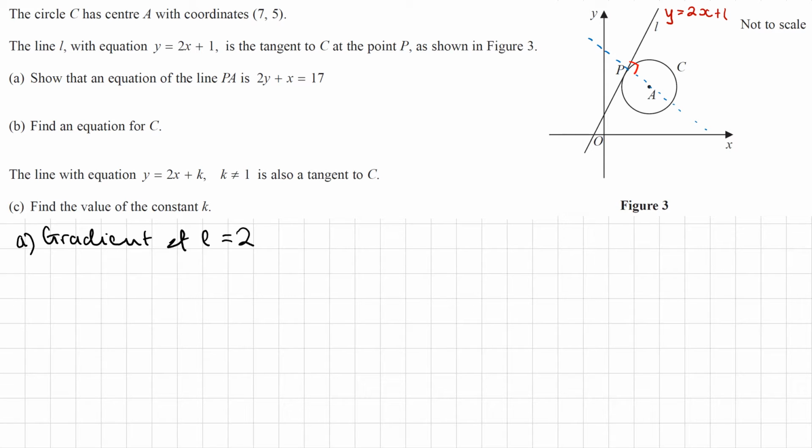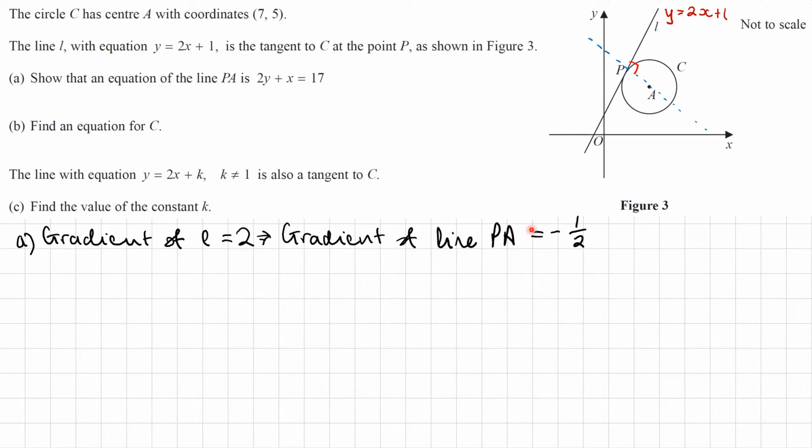And so the gradient of PA, the line that goes through PA, is going to be perpendicular to this, so it's going to be the negative reciprocal of 2. So the gradient of line PA is equal to the negative reciprocal of 2, so that's going to be negative 1/2.